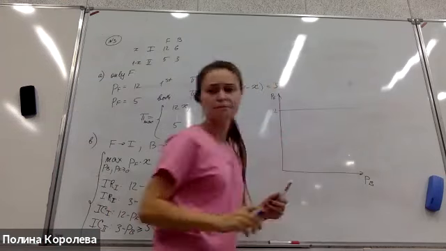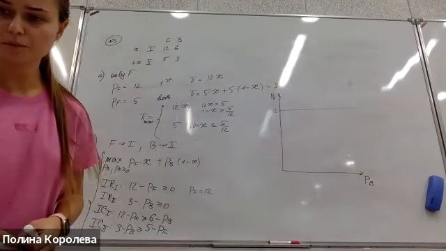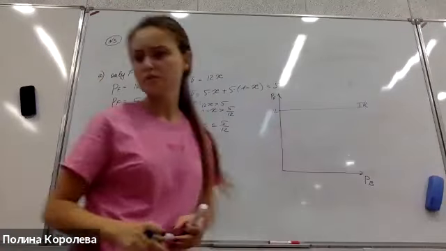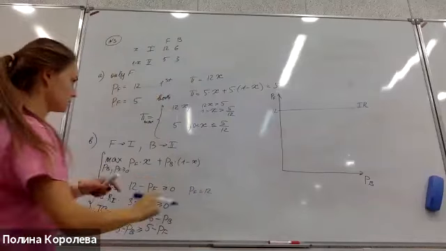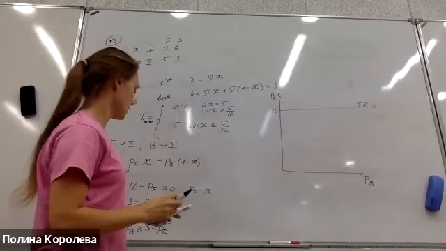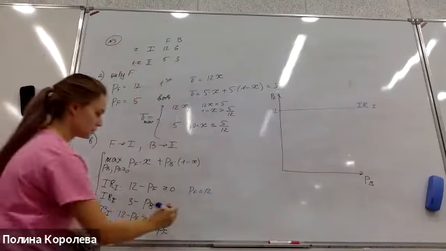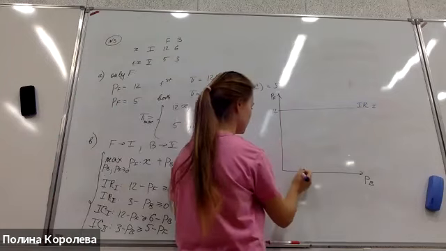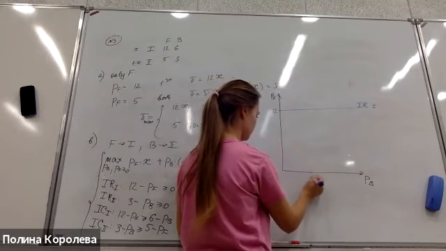This line, and this is IR, individual rationality for the first. Then the rationality for the second: price of basic equals 3, somewhere here.